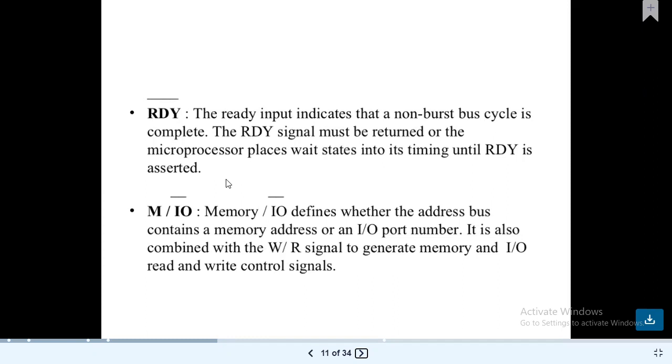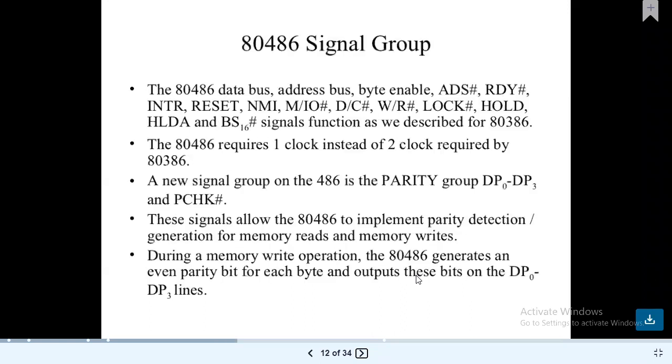Once the data is ready to execute, if the ready signal is zero, then it is in the execute state; if it is one, then it is in the wait states. Then M/IO defines whether the address bus contains a memory address or an input and output port number. It is also combined with the read and write signal to generate memory and input and output read and write control signals.